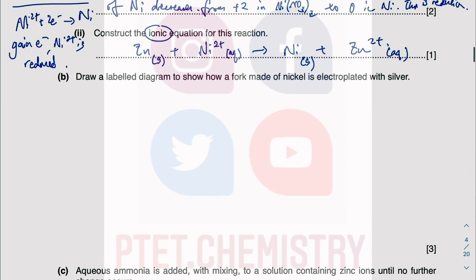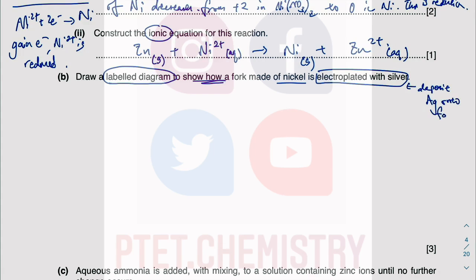Now you want next a labelled diagram. When you have a fork made of nickel, you want to electroplate with silver. Electroplate means you want to deposit silver onto the fork. What is your half equation?